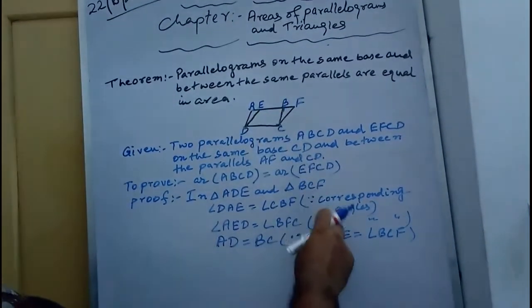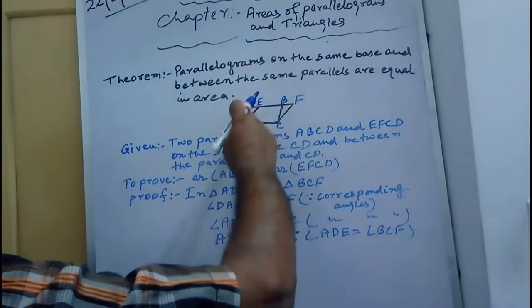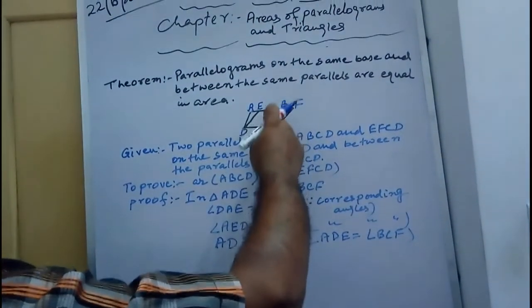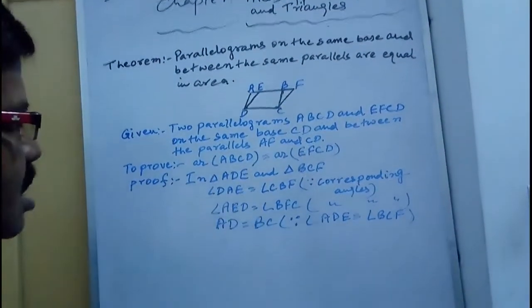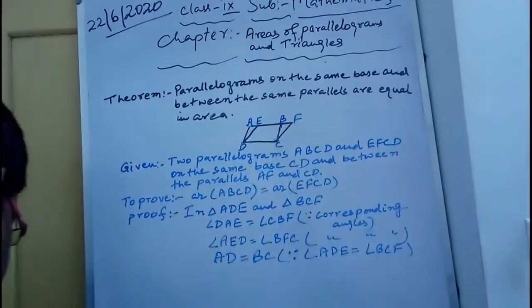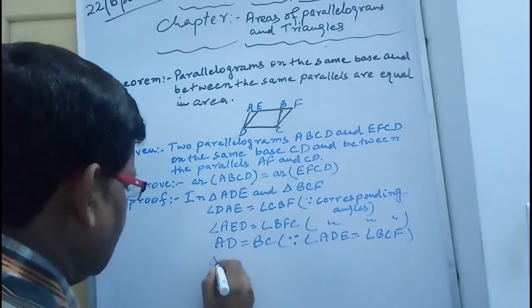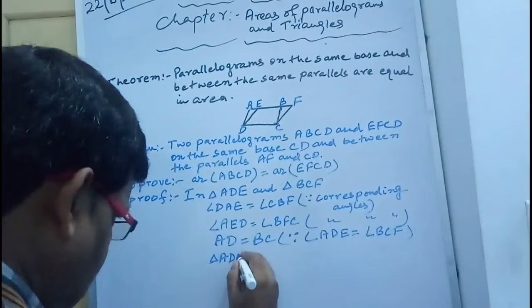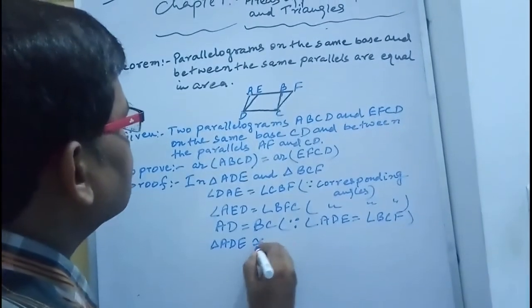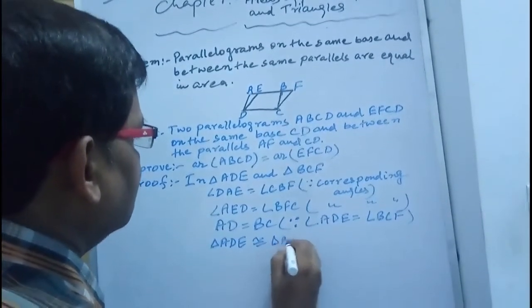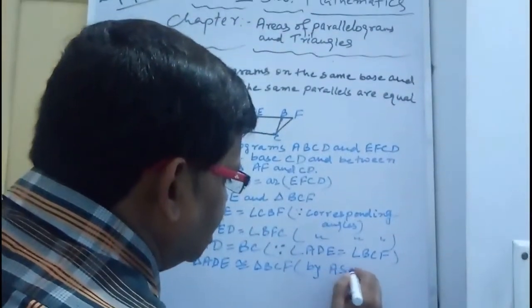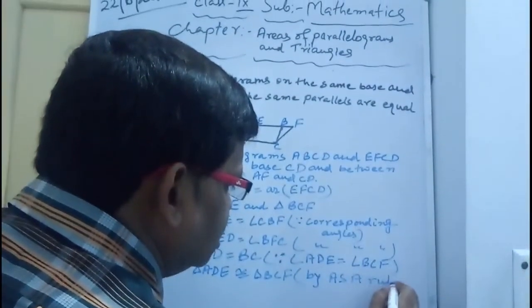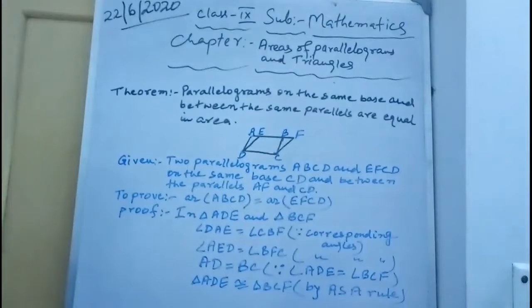As these two angles are equal, AD, this side, is equal to BC. Now these two triangles become congruent: triangle ADE is congruent to triangle BCF, by this rule.